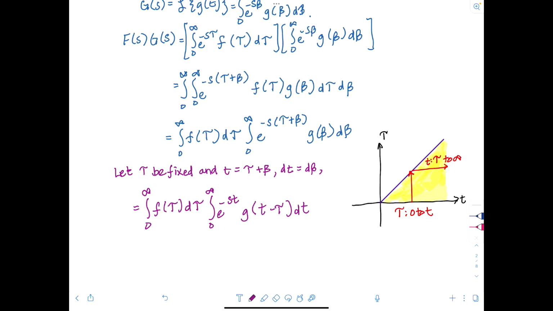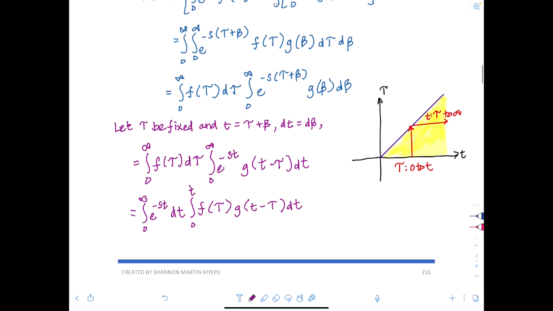So that means we can change this up a bit, and we can say that this is the integral as we go from 0 to infinity of e to the negative st dt, right? And then the integral from 0 to t of f at tau times g at t minus tau d tau.